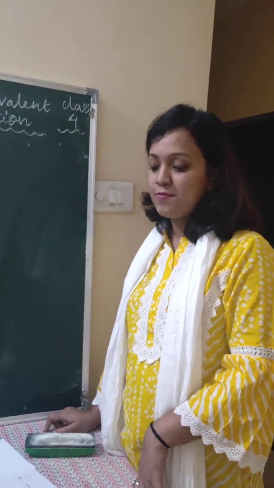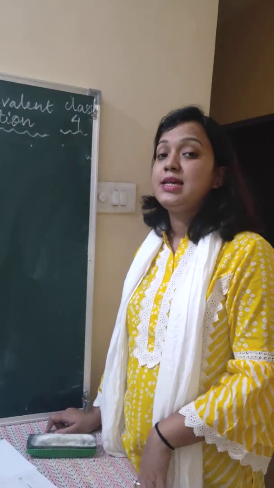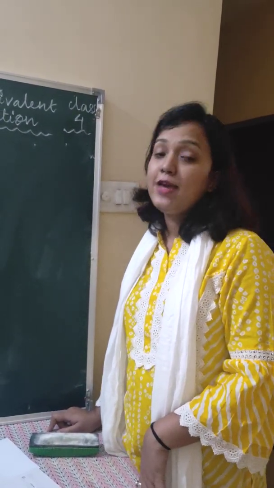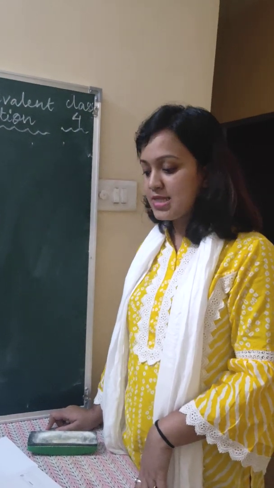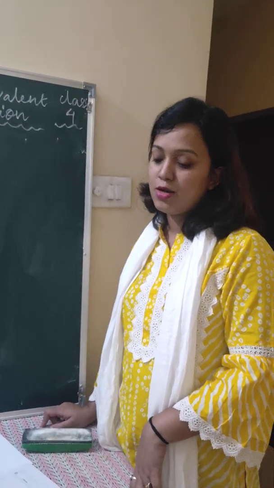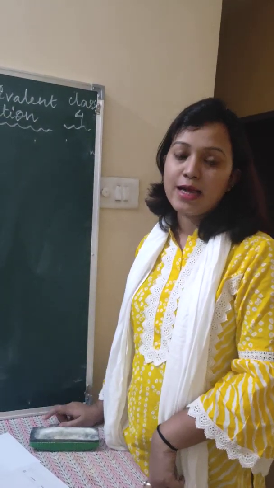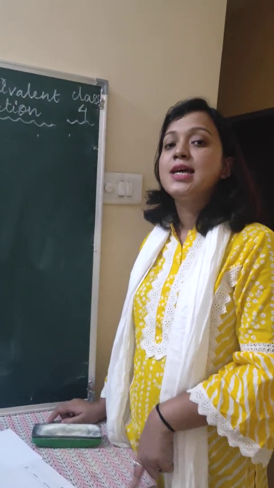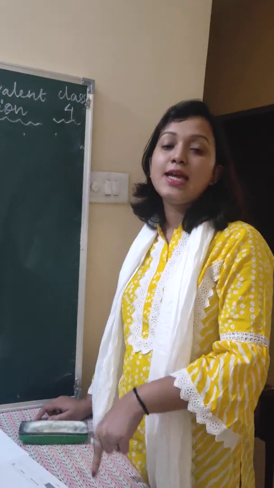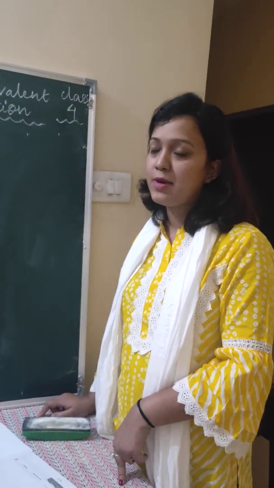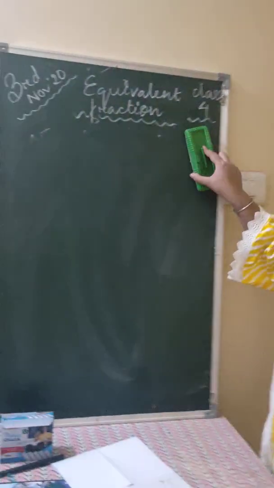What fraction of the cake did Isha eat if she ate 2 pieces out of a total of 7 pieces? The same question I will be writing on the blackboard. You will write the answer in your copy, and in your next live class I am going to ask you the answer. Is this clear, everyone?